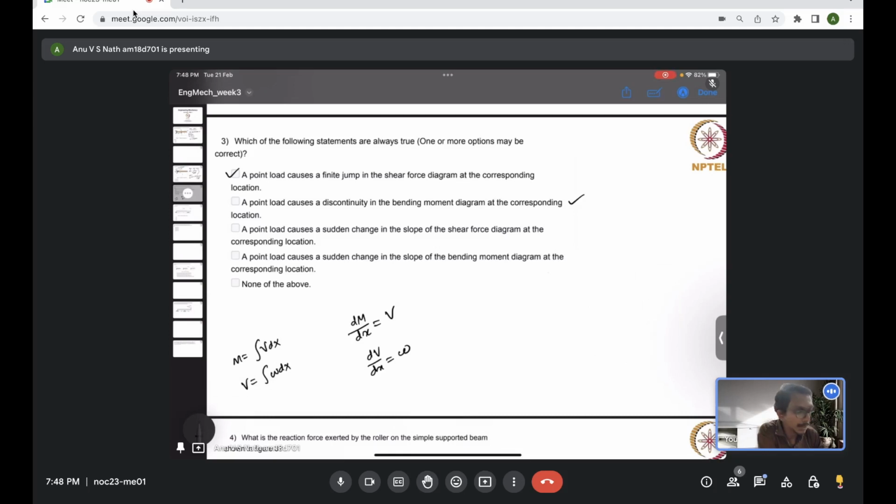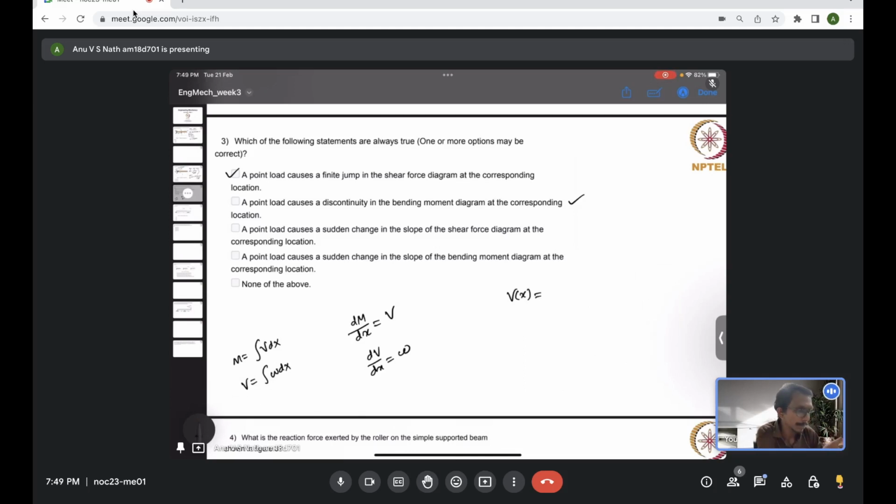So you agree with the first point, that a point load causes a jump in the shear force diagram. Let's say a point force is acting at a particular location, and you have a shear force, which I will represent as V. At some particular location, a point load is acting.